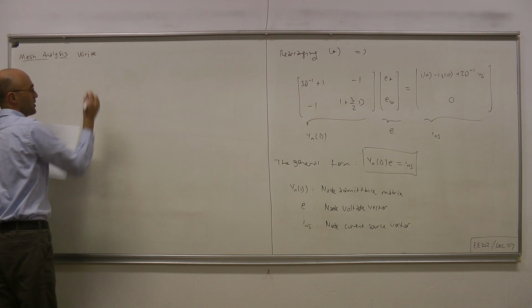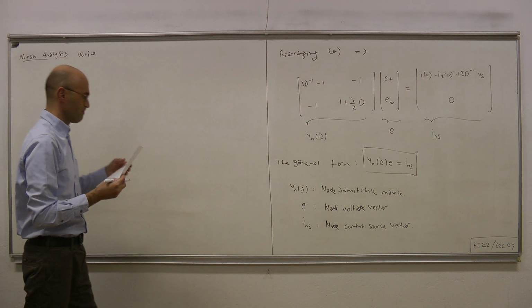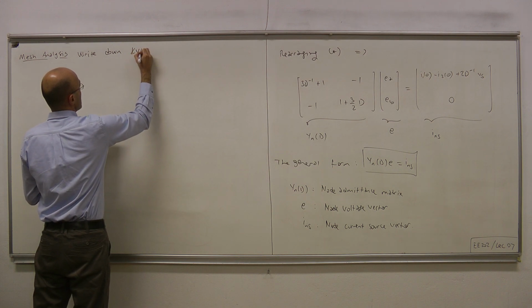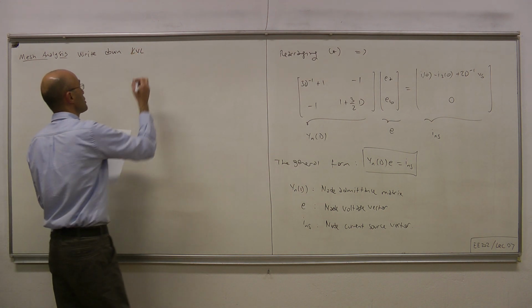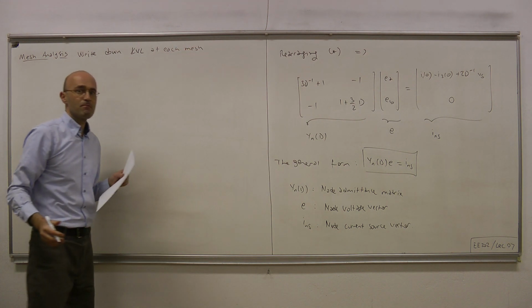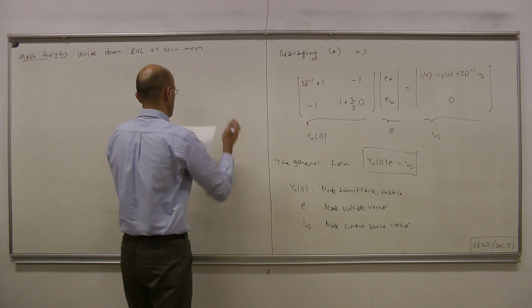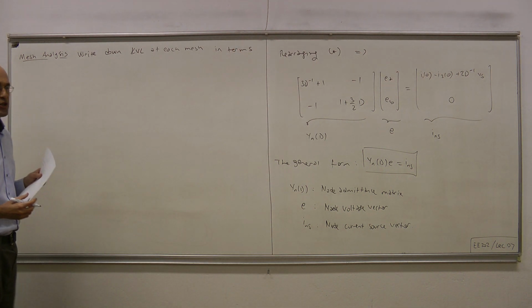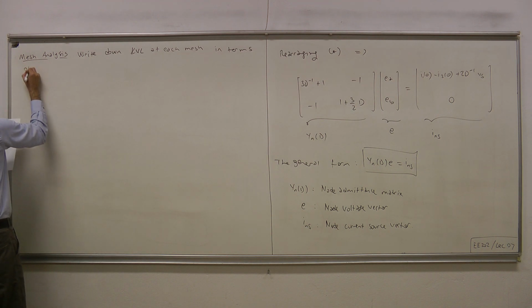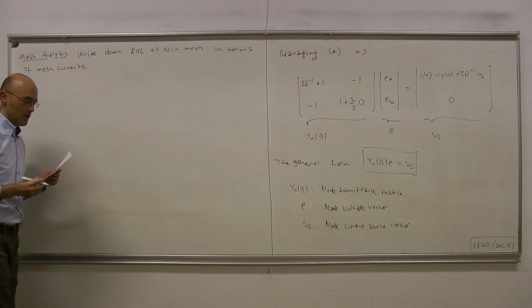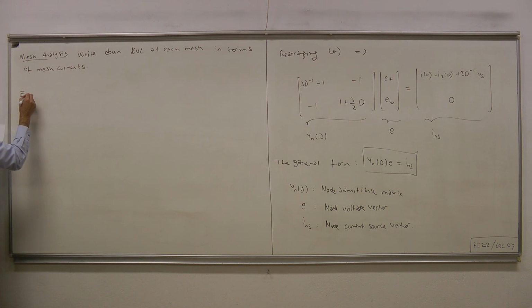The method is such that we write down voltage equations, KVL, at each mesh, in terms of our formulation variables, which are mesh currents. So let's revisit our previous example.